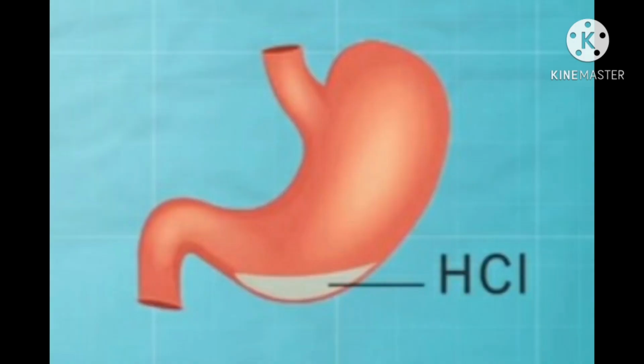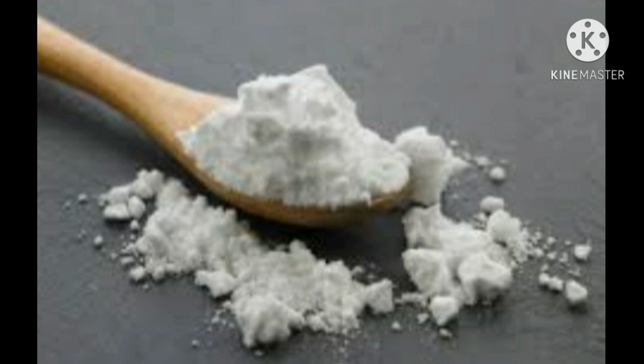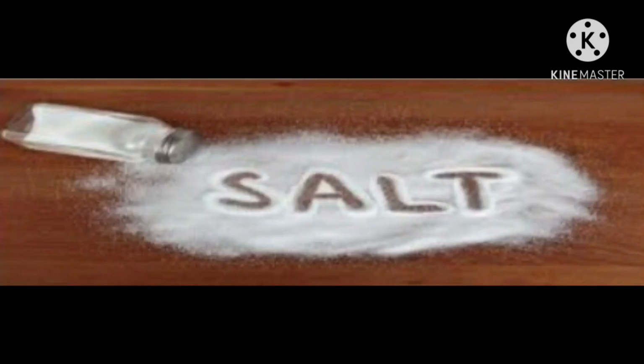Some chemical substances are useful to us in many ways. For example, our stomach makes an acid, that is hydrochloric acid, which is necessary for the digestion of food. Baking soda, that is sodium hydrogen carbonate, used in baking of bread is a base, whereas common salt, that is sodium chloride, used in cooking food is a salt.